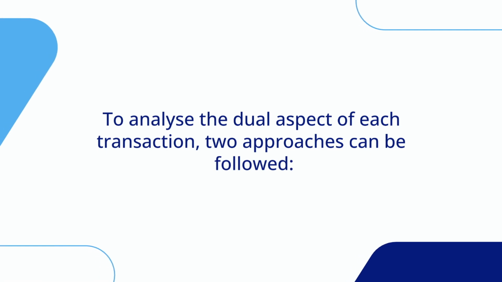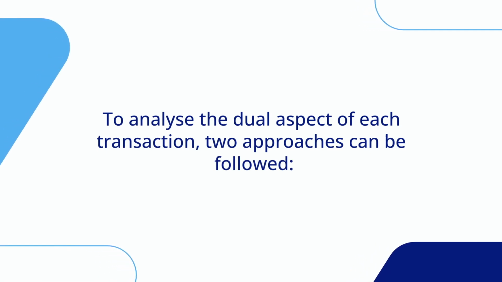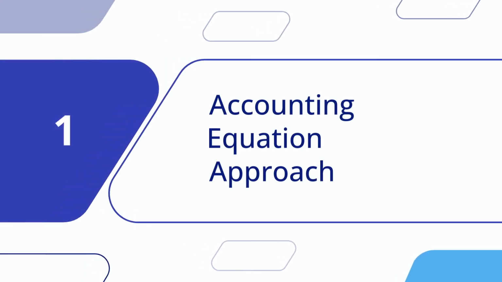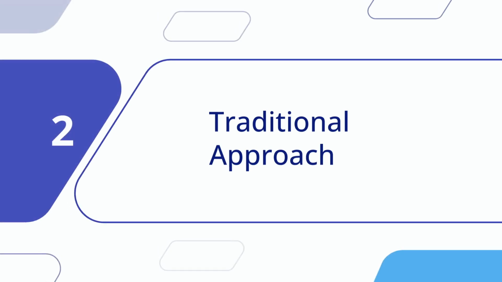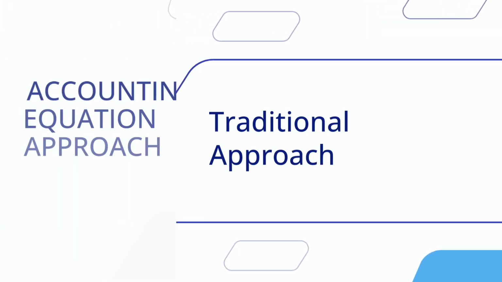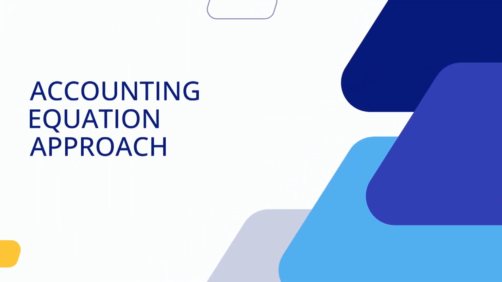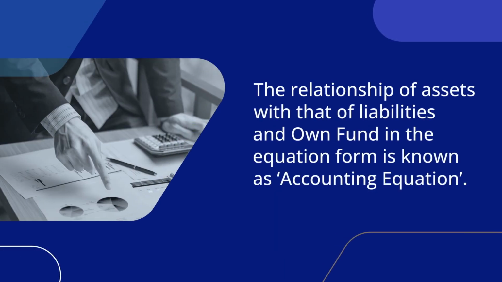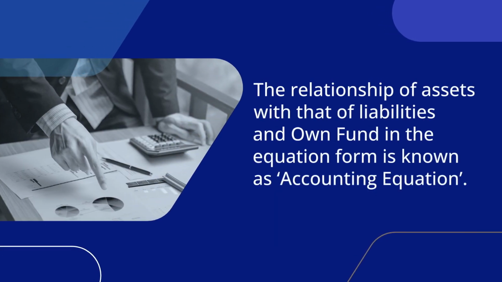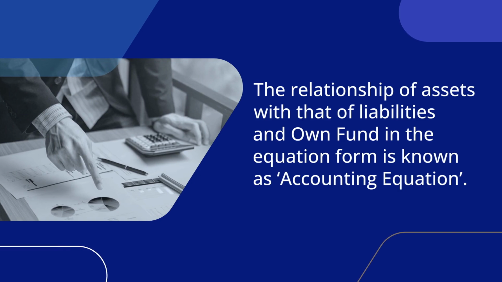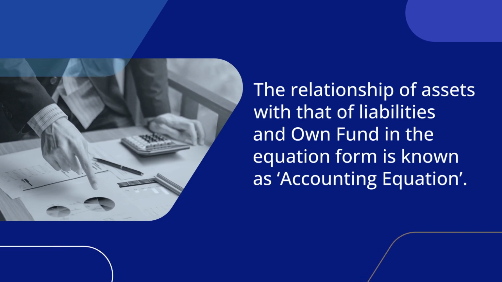To analyze the dual aspect of each transaction, two approaches can be followed: 1. Accounting equation approach, and 2. Traditional approach. Let's start by learning the accounting equation approach. The relationship of assets with that of liabilities and own fund in the equation form is known as the accounting equation.